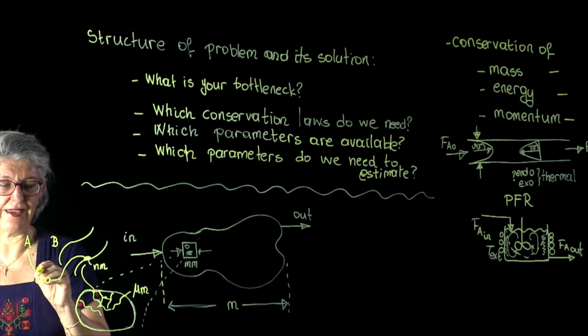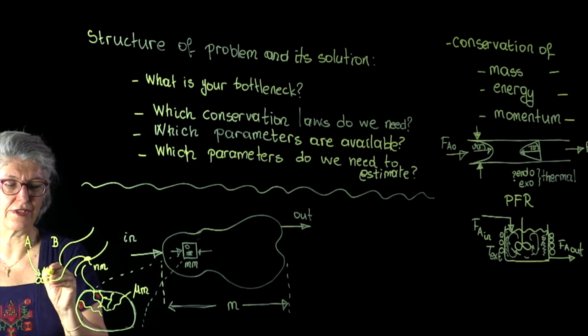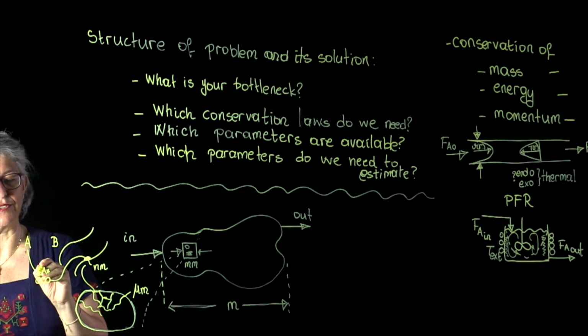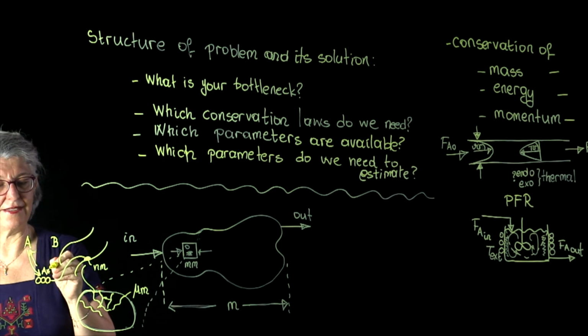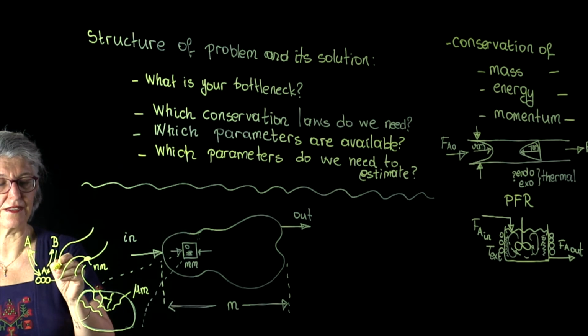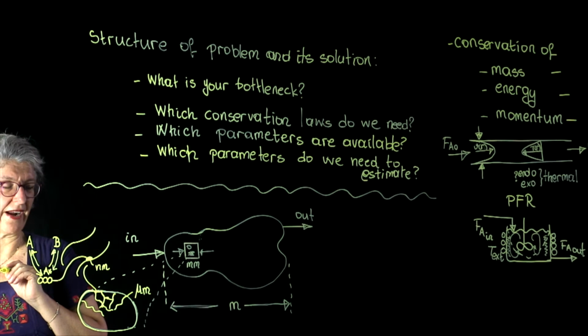However, A adsorbs onto the surface, becomes A star. The reaction can proceed forward and backward, and this A star converts to B. This reaction also proceeds forward and backward.